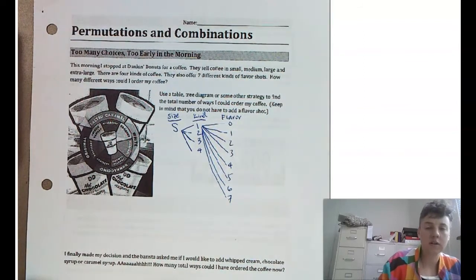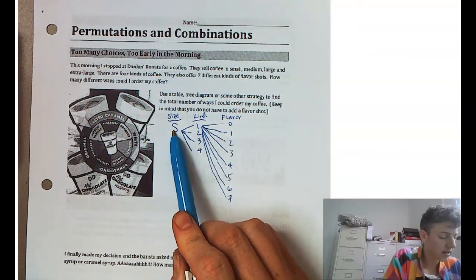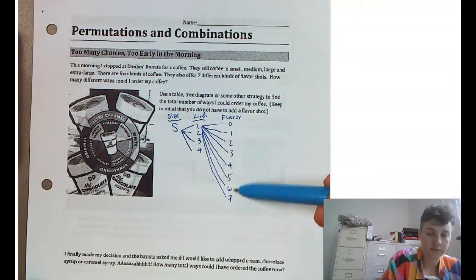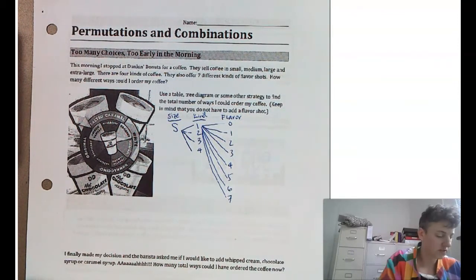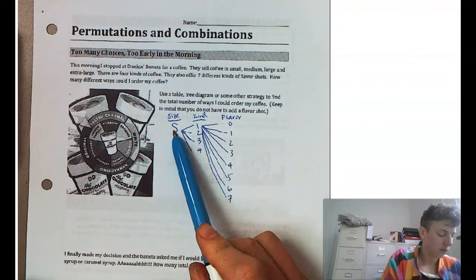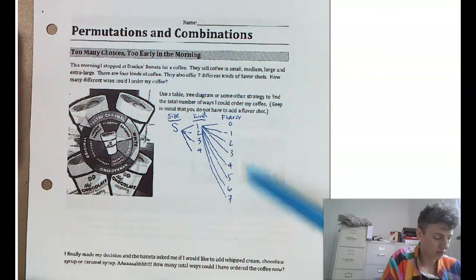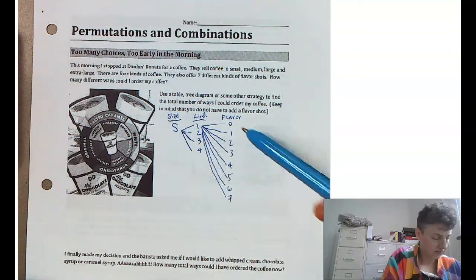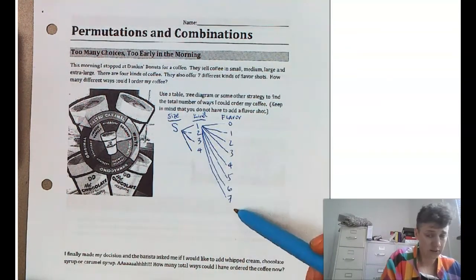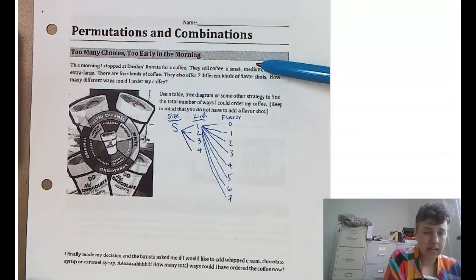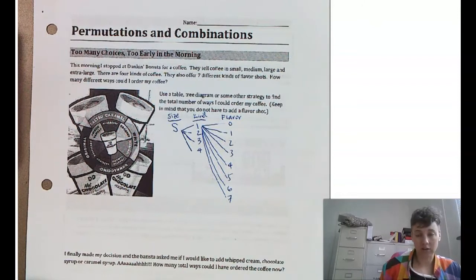And that's just for one size with one kind and all of these different options of flavor shots. So I would have to do this again for kind number 2, which would also have 8 different flavor shots. Kind number 3, 8 different flavor shots. Kind number 4, 8 different flavor shots. And then I'd have to do that again for the medium and the large and the extra large. That seems like a lot.